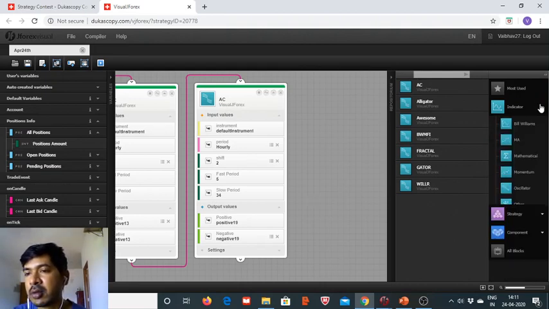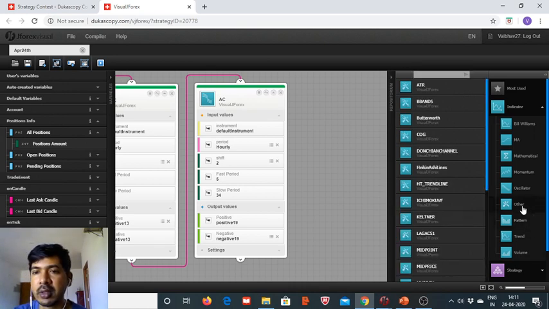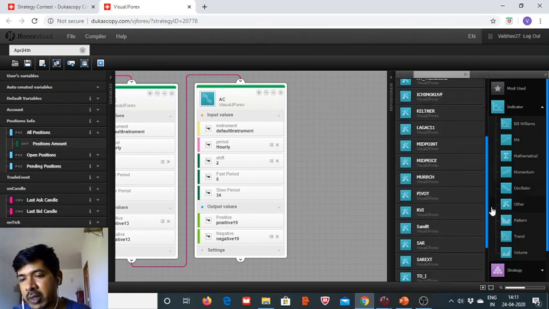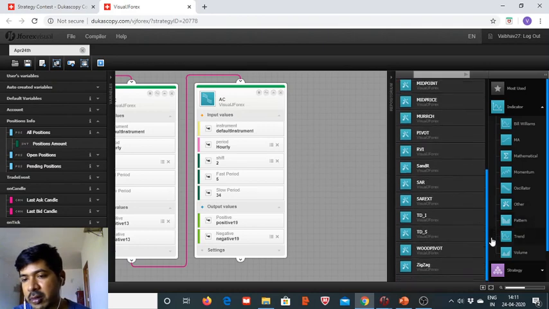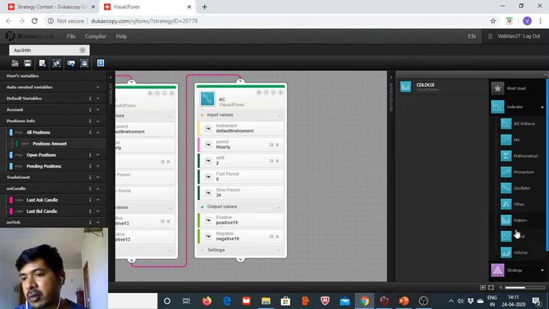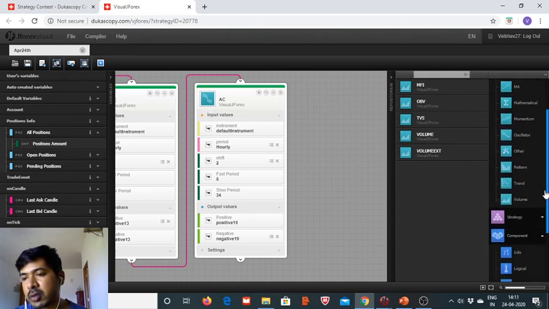Indicator. Yes. Let us see the other, RBI, SAR, zigzag, pattern. No. Volumes, components.